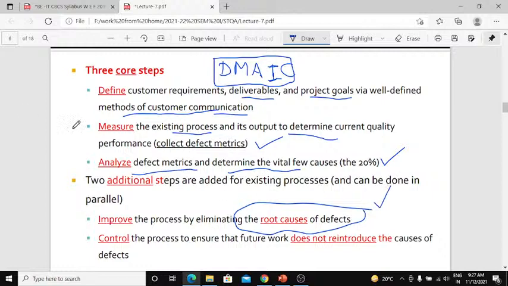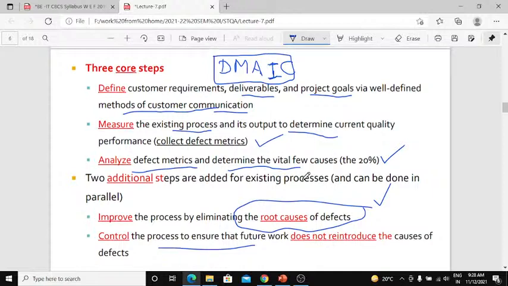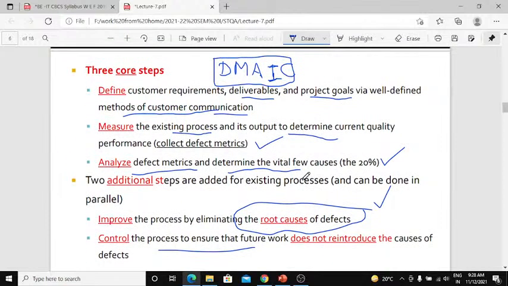Improve the process by eliminating the main root causes of the defects, and control the process to ensure that future work does not reintroduce the causes of the defects. This is applicable in all processes, in manufacturing and in software development.